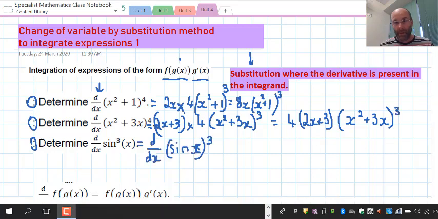The last one there, remember that sine cubed x is sine x, all cubed, and we can then proceed.